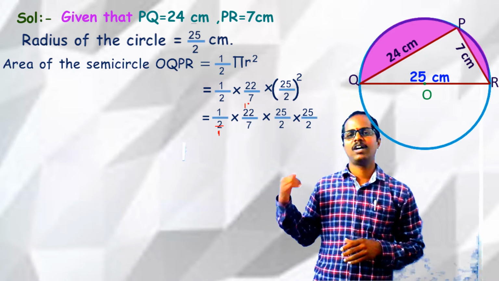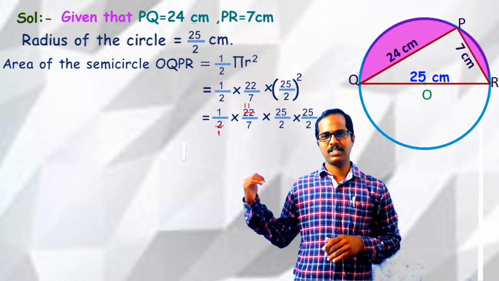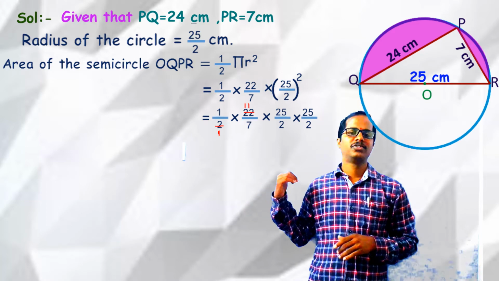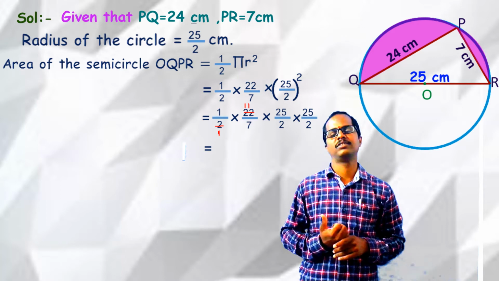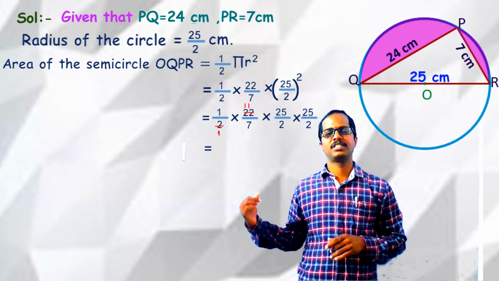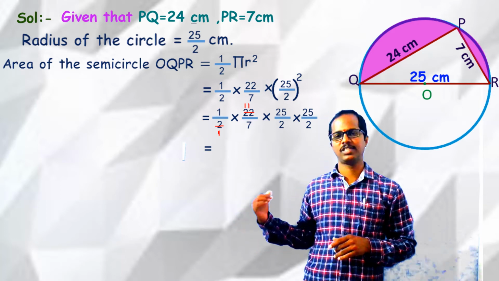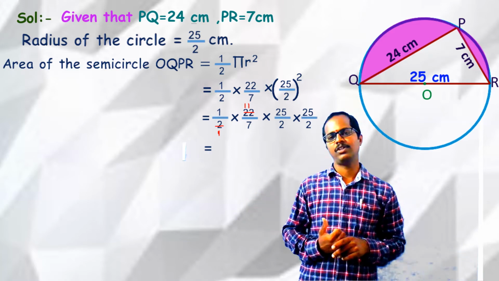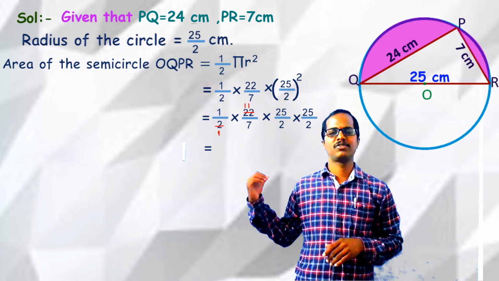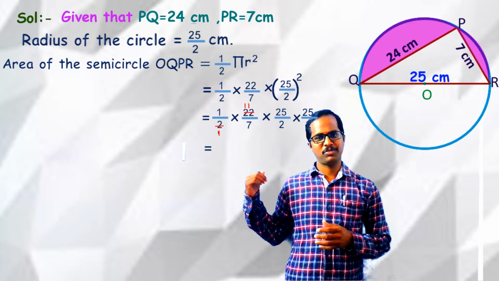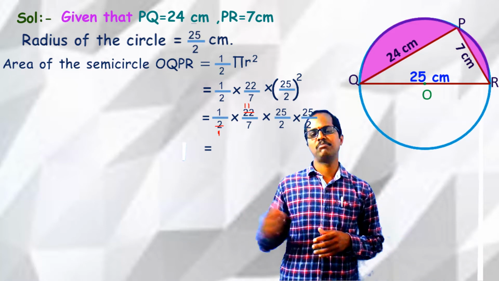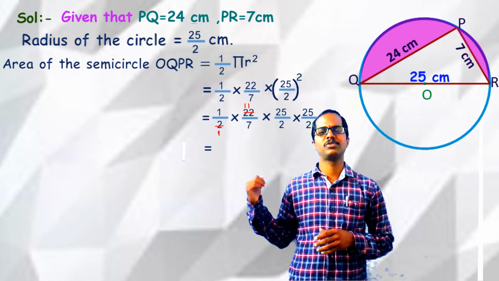So now what do we have? We have the numerators 11, 25 and 25. So 11 into 25 into 25. And in the denominators we have 7 into 2 into 2. Now 25 times 25 is 625. 625 elevens are 6875, over 7 into 2 into 2 which equals 28.